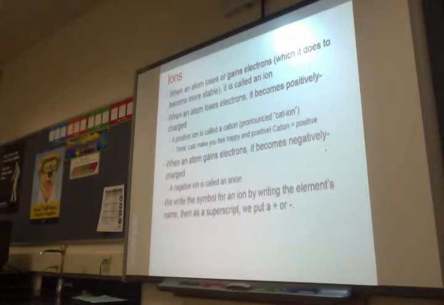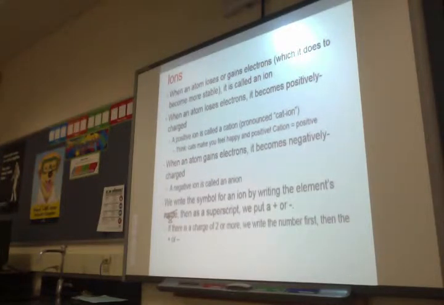Okay. We write the symbol for an ion by writing the element's symbol. That shouldn't say name, that should say symbol. So change that to symbol. And then as a superscript, which is almost like an exponent, we write a plus or a minus. It becomes clear when we do some examples.